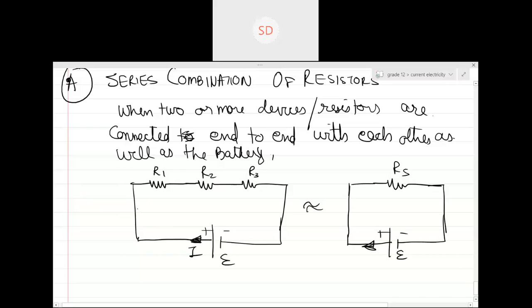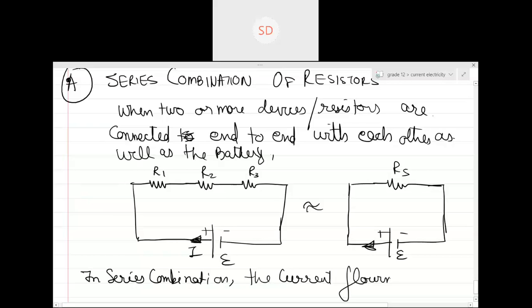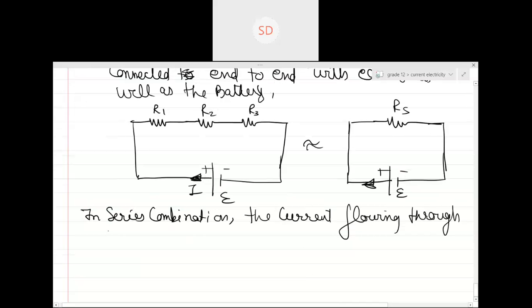In series combination, the current flowing through all the devices across that branch is always the same.